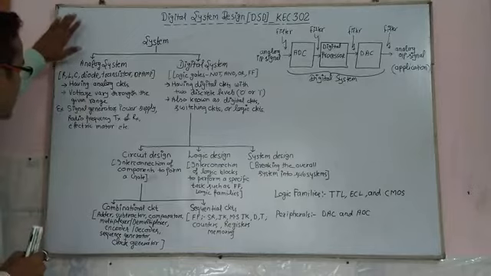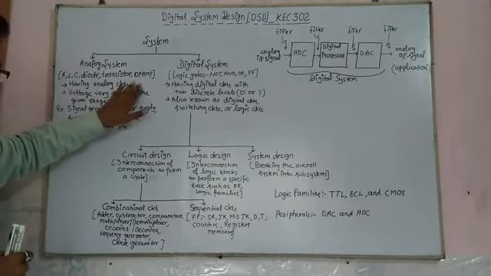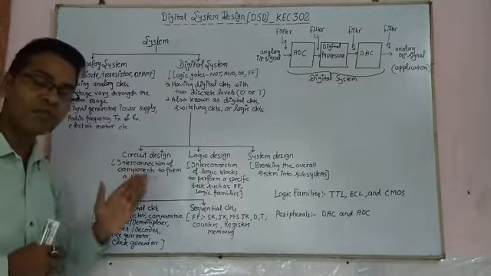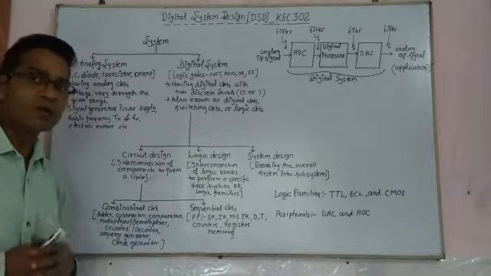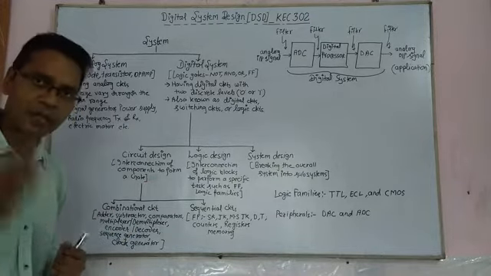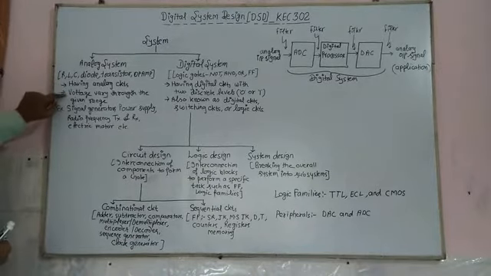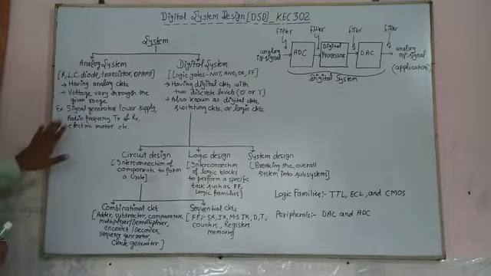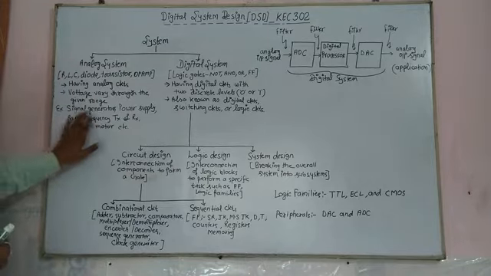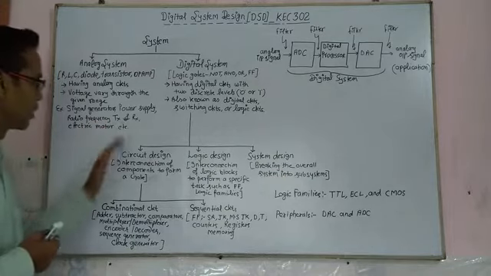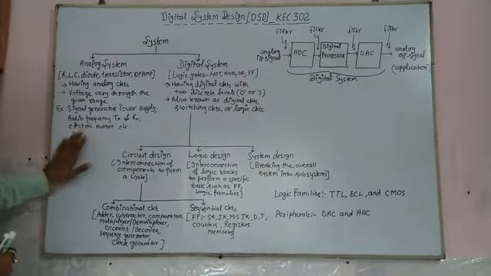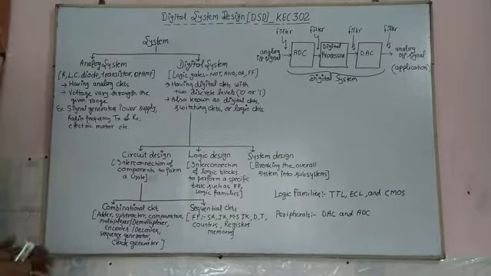This system has analog circuits, works only upon analog signals, and the voltage varies through the given range. For example, signal generators, power supply, radio frequency transmitter, receiver and electric motors, etc.